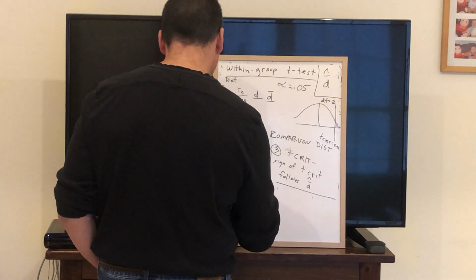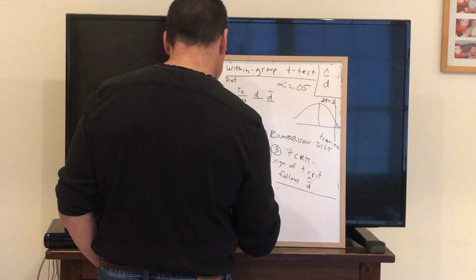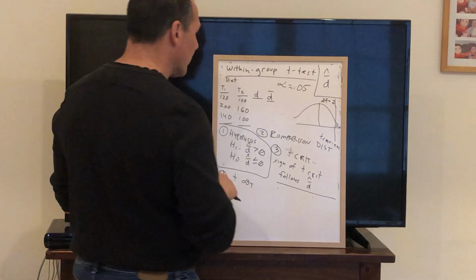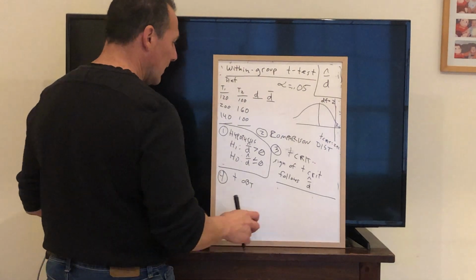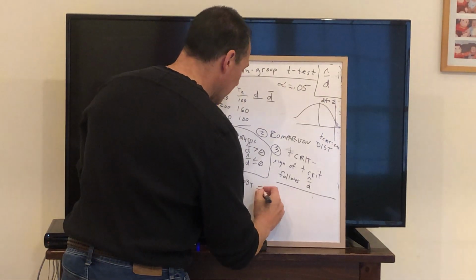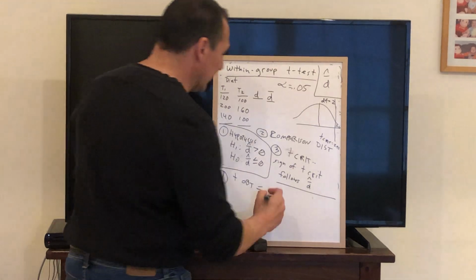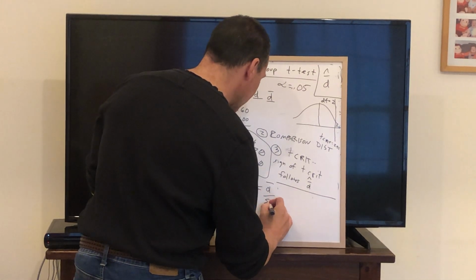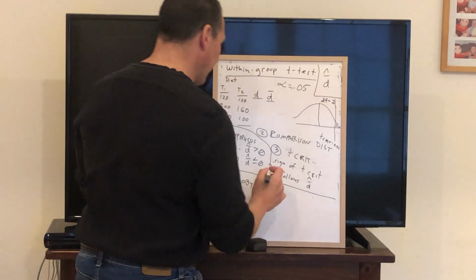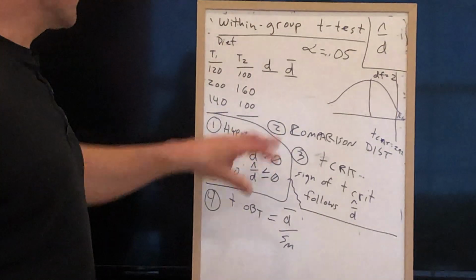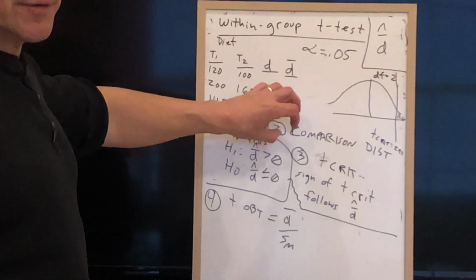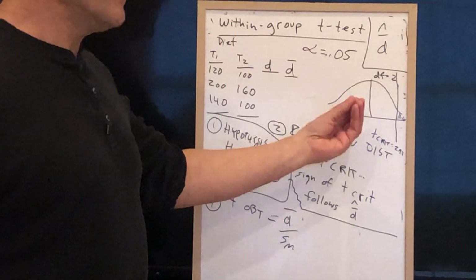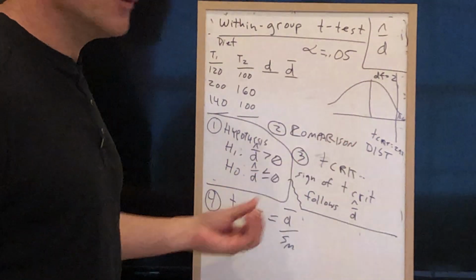Okay, step number 4, we're going to get t obtained. So t obtained, or t, equals D bar over s sub M. So it's going to be the average difference divided by s sub M, which is the standard deviation of our comparison distribution.